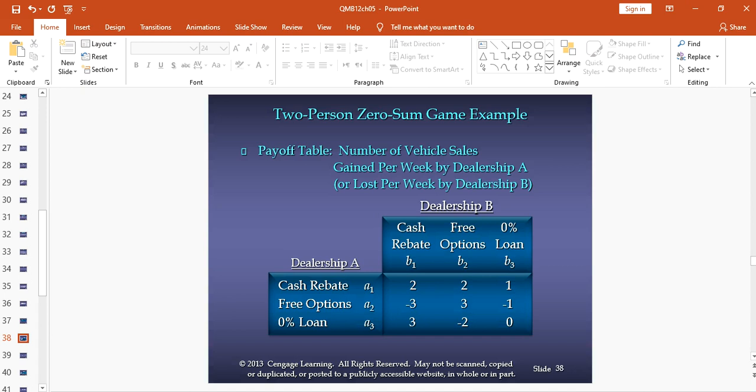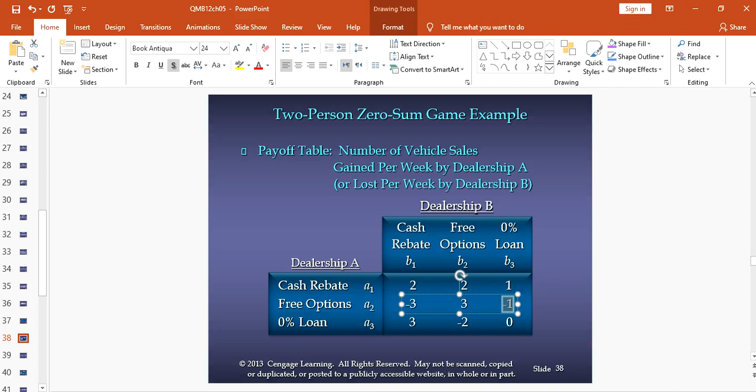But if they offer free option as it is, they can sell 3 vehicles per day. But if they offer zero loan offer, so they lose 1 car per day.